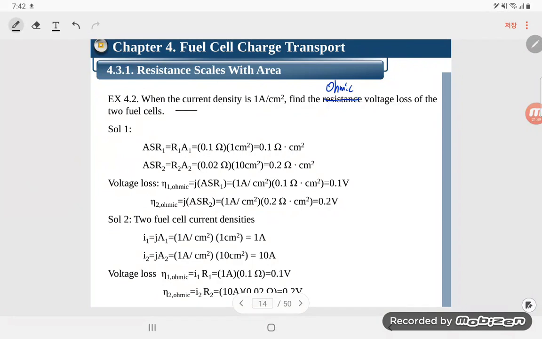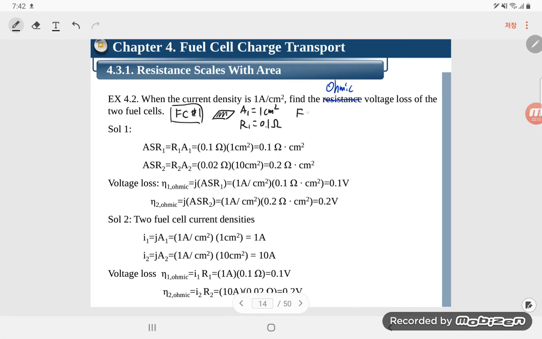Fuel cell number 1, FC number 1, is a very small sized fuel cell, and the area of this one, A1, equals 1 square centimeter, and R is 0.1 ohm.